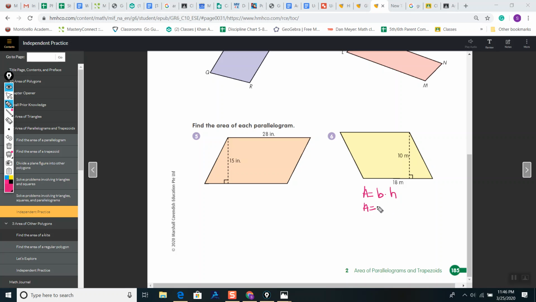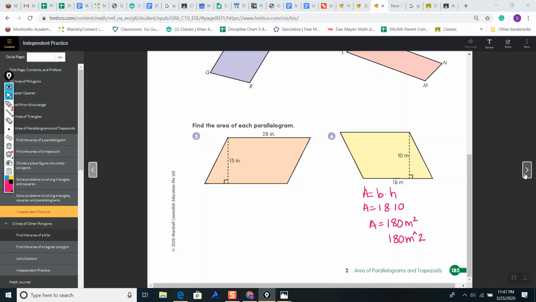So area is equal to, the base is 18, the height is 10, so my area is 18 multiplied by 10, or 180 meters squared. If I'm typing that in a computer for a Miss Brock assignment, I would put in 180 meters, little thing, and a 2. All right, moving on to the next page.